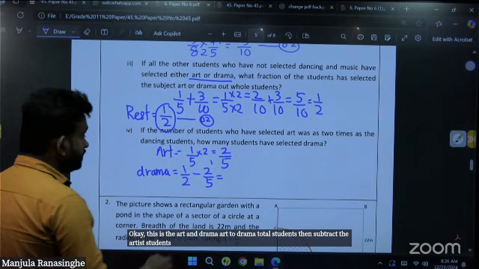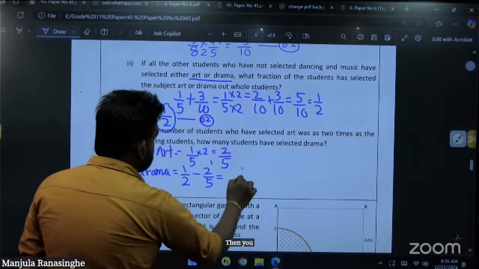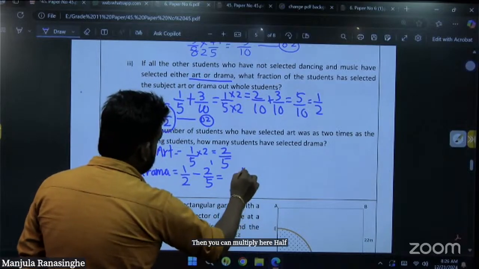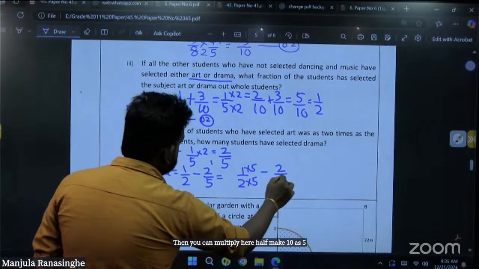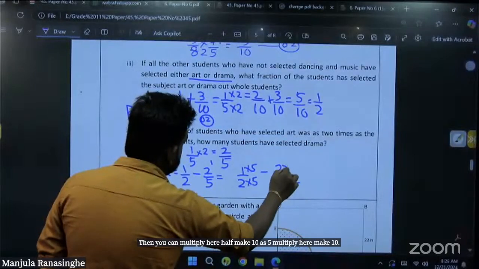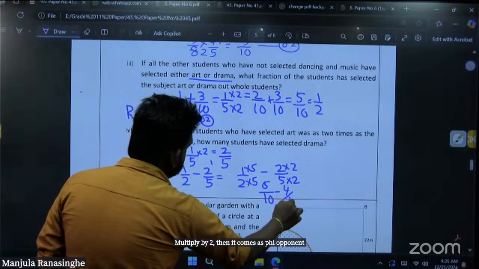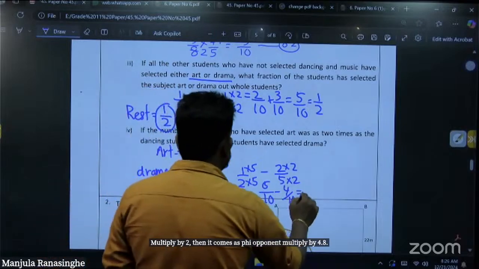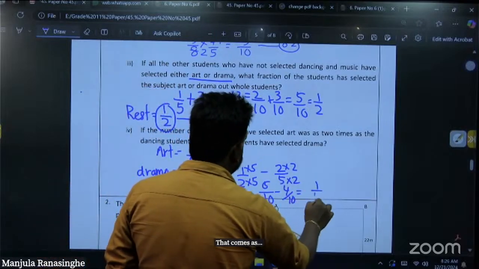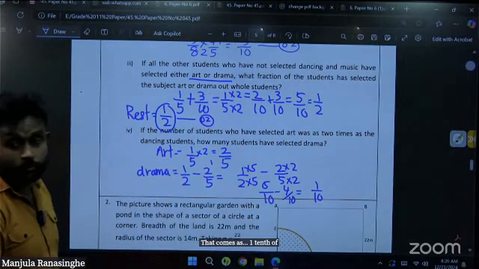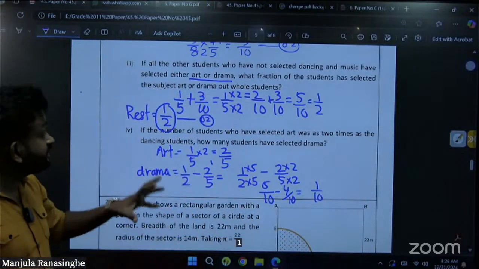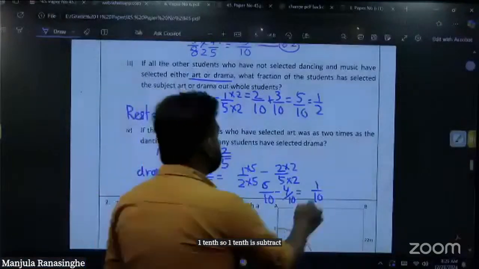Then make the denominators 10: half becomes 5 upon 10, and 2/5 becomes 4 upon 10. So 5 upon 10 minus 4 upon 10 comes as 1 upon 10 of the total students. So 1/10 is the fraction from the whole students.